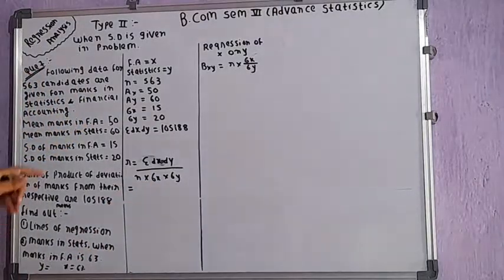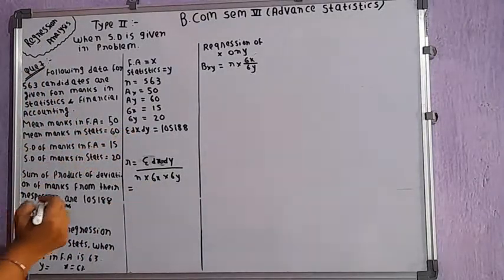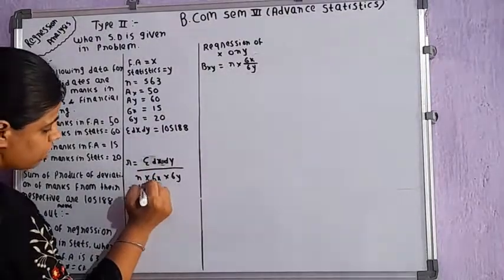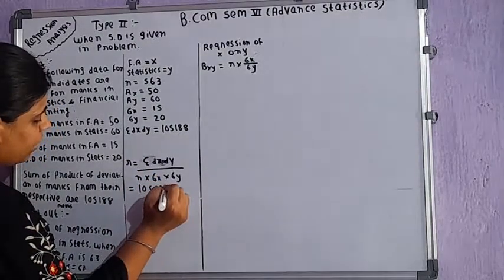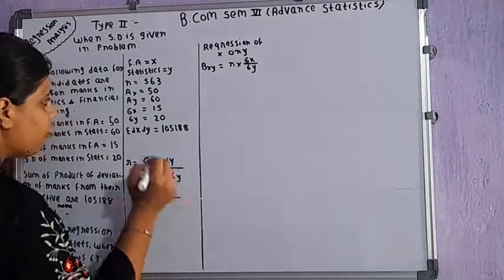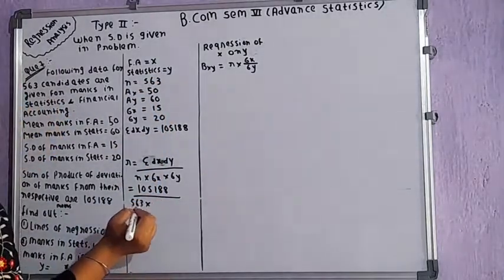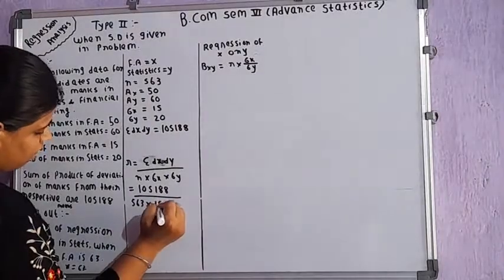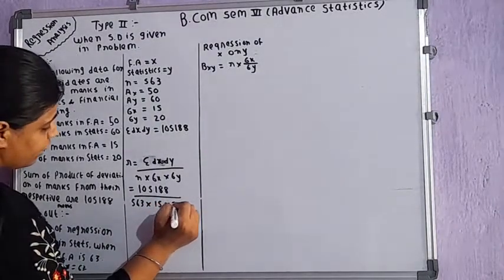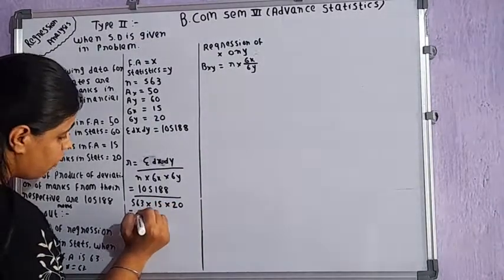What is the value of summation dx dy? Here it's given 105,188. What is the value of n? 563 given in the problem. What is the value of summation dx? 15. What is the value of summation dy? 20.